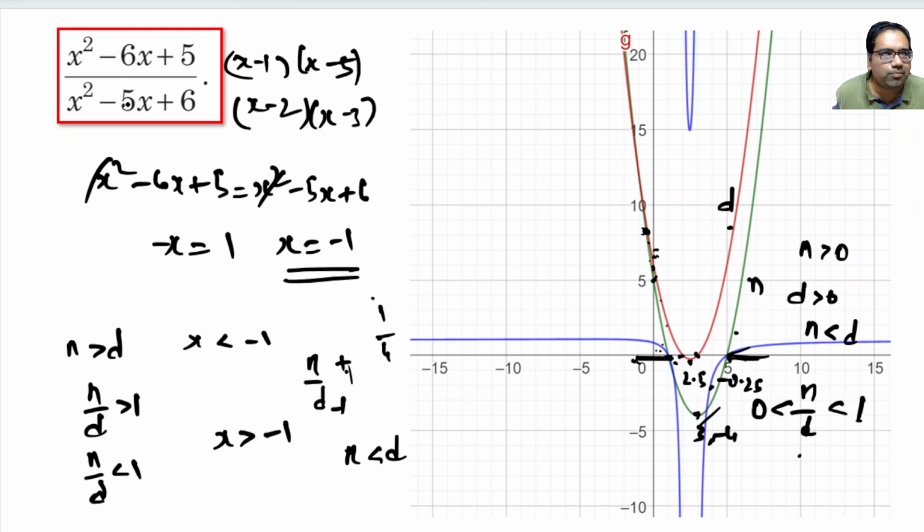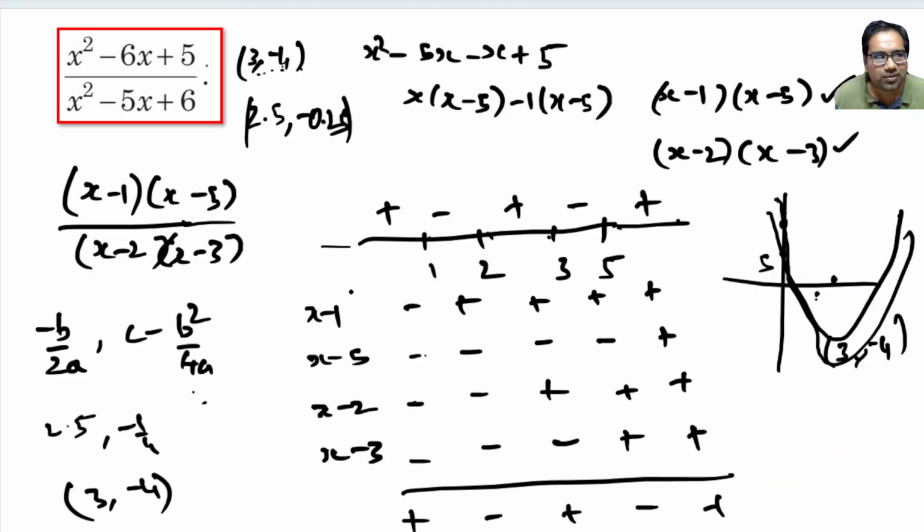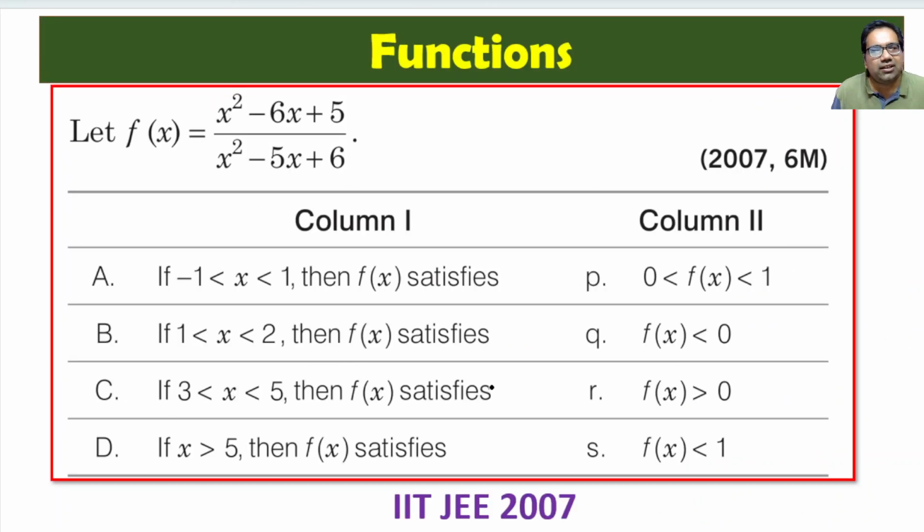Then we factorized both the numerator and denominator, and using sign notation, we clearly said when the overall fraction is positive or negative. And then given the conditions, we decided which ones are satisfying. Right, guys? Hope you like this. It's a nice problem. Thank you.